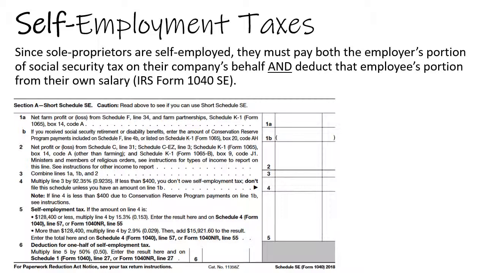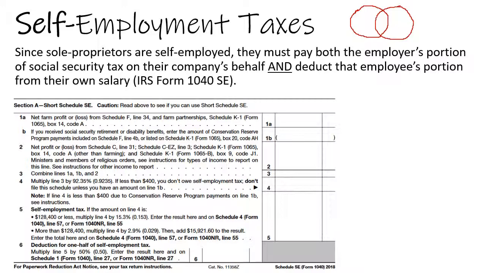Since sole proprietors are self-employed, they must pay both the employer's portion of the payroll tax that would be deducted, as well as the portion of the payroll tax that would be withheld from the employee's salary.